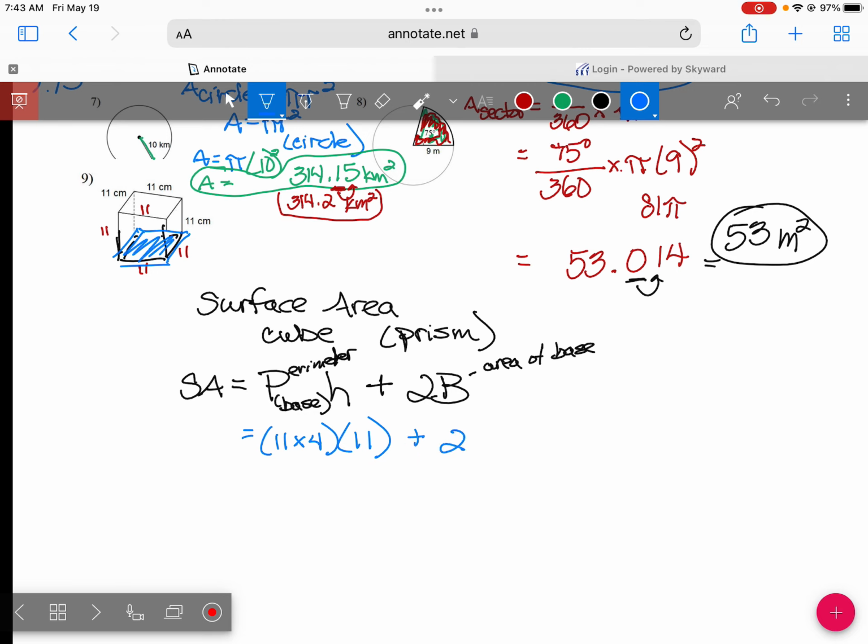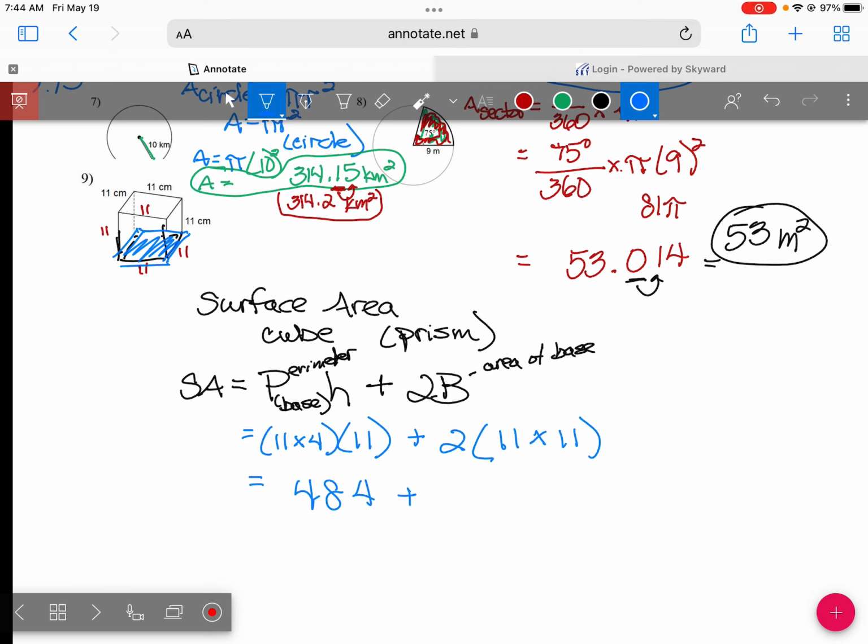Here's one base, and I want the area of that. That area is a square, which is length times width, or side times side. So 44 times 11, 484.